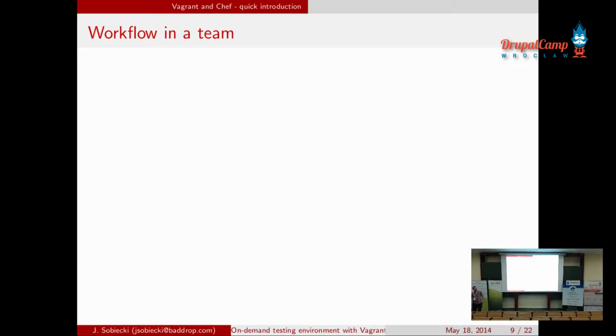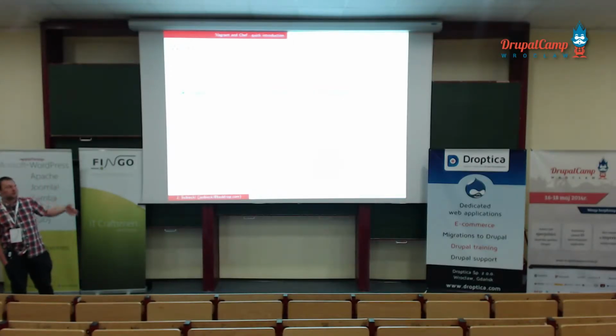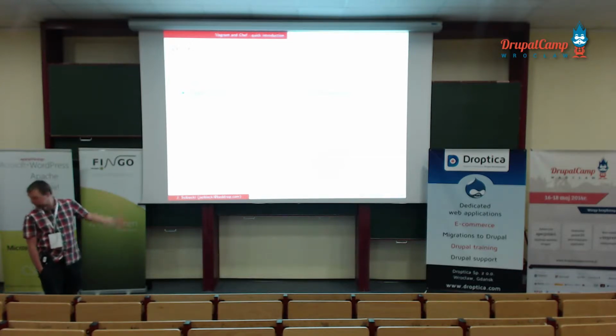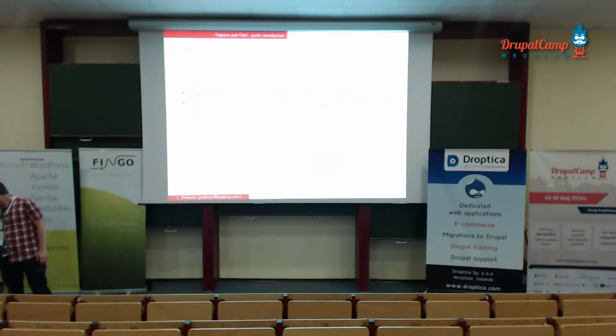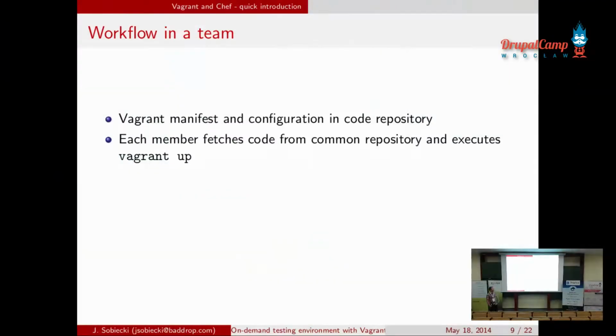And how might this work in a developer team? The best solution will be storing the Vagrant manifest and configuration, for example, configuration of Chef, in a code repository. Each member fetches code from this common repository and executes Vagrant up.